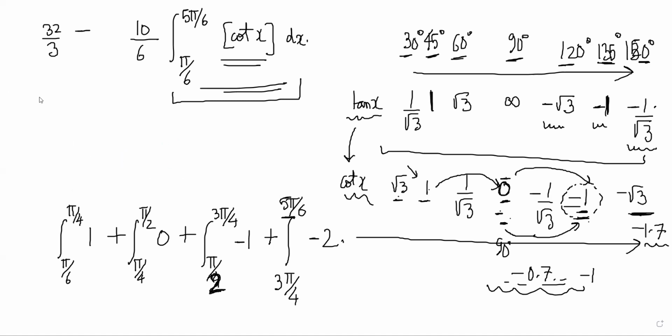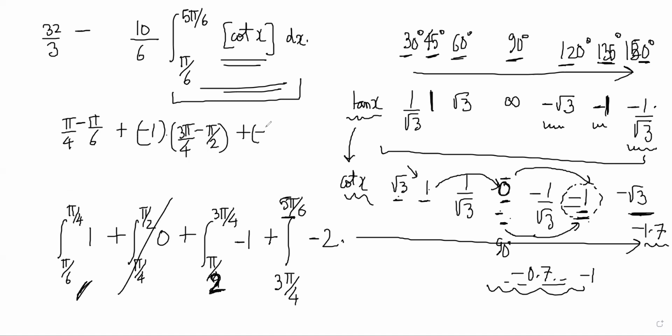Now you calculate this stuff. यहाँ पे integral will come pi by 4 minus pi by 6. This integral will vanish. Then you will have a -1 times 3 pi by 4 minus pi by 2.